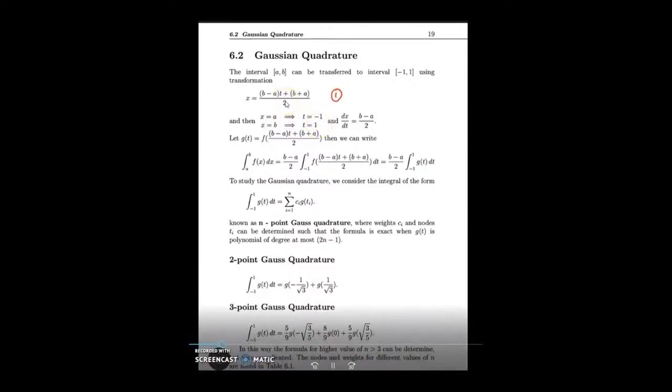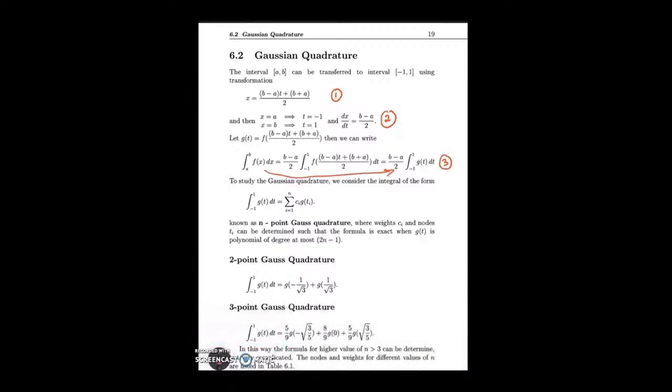Second, you use this to find dx over dt, which is equal to (b minus a) divided by 2. So you replace dx with (b minus a) divided by 2 dt. That is number 3. And then number 4, you just apply 2-point and 3-point Gauss quadrature. You just fit in, but you need to find g.